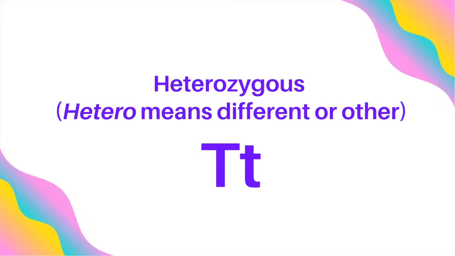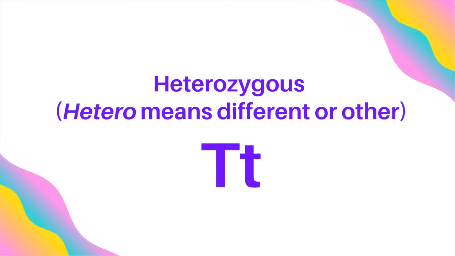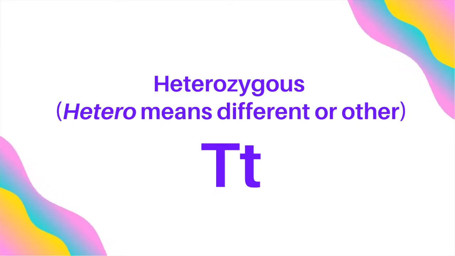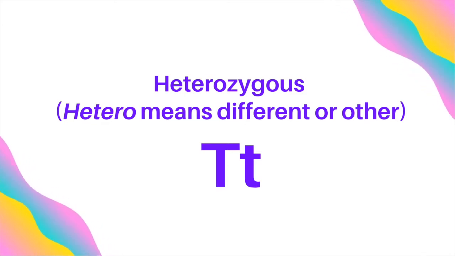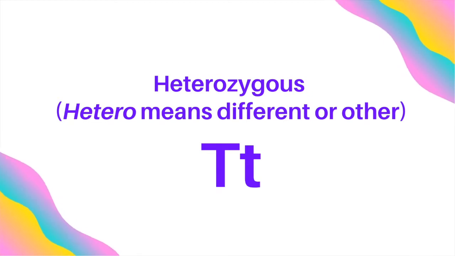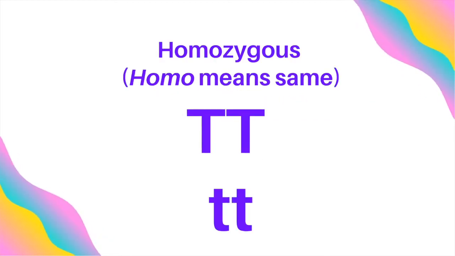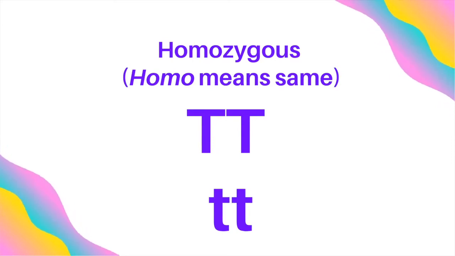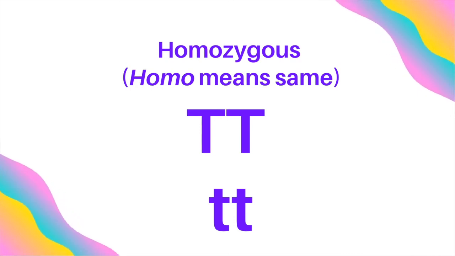The key thing to remember here is that heterozygous is represented by letters that are different capitalizations. For instance, a big T and a little t, as you can see here. Homozygous means same, so the letters would be the same capitalization.